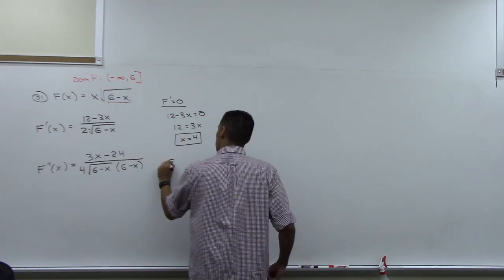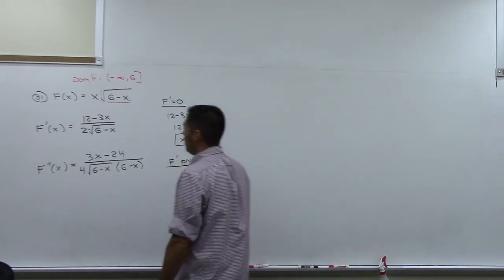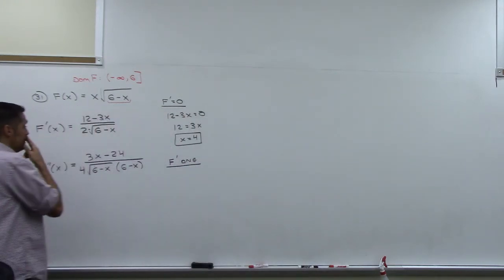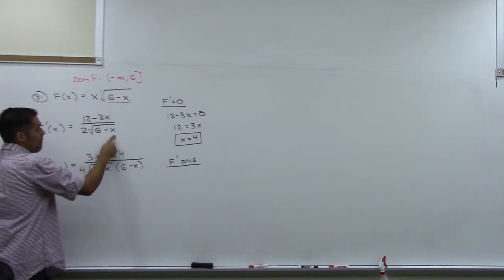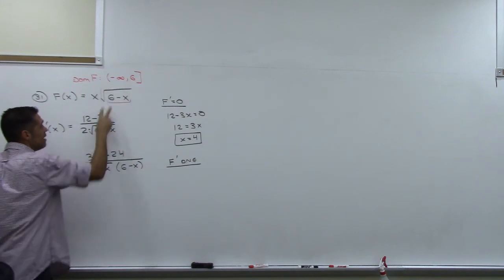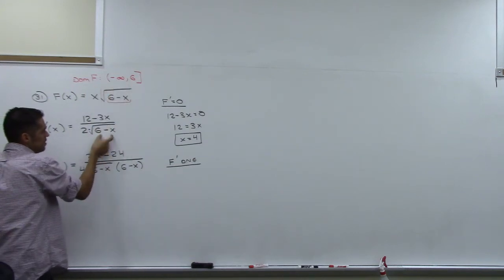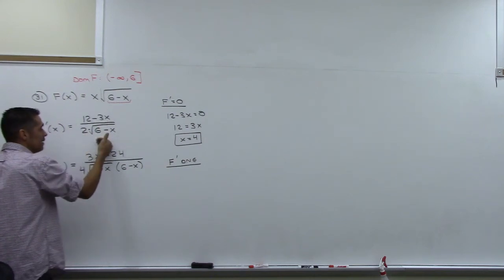Now, I need to figure out if this first derivative doesn't exist. Well, there are some problems. First of all, we know that 6 minus x can't be negative, but we've already kind of thrown that out because the domain already says that this underneath here can't be negative. But because it's in the denominator, it's possible to turn it into 0.